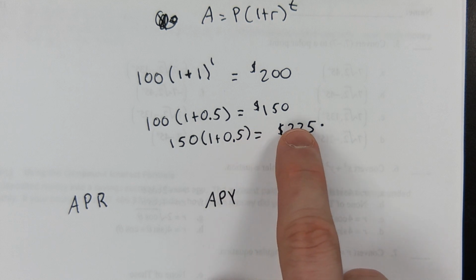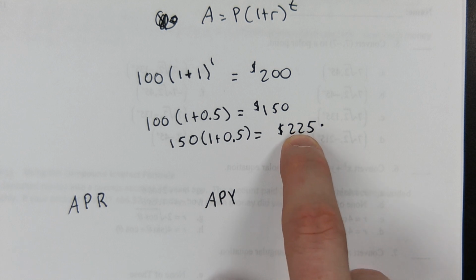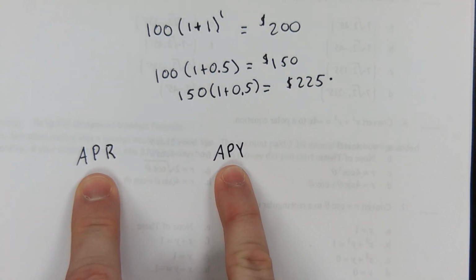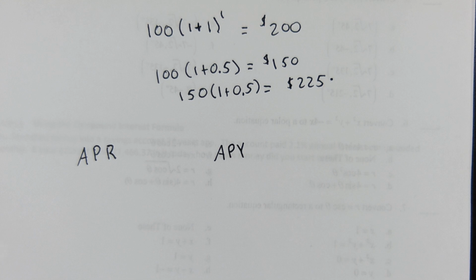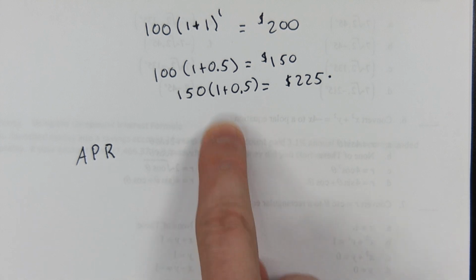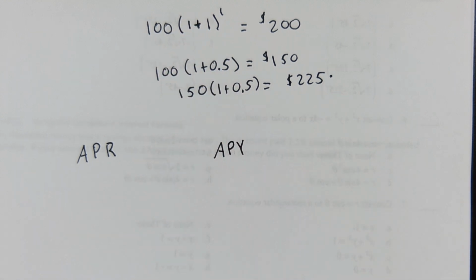But if you do the 225 divided by 100, that's 2.25. That is a 125% yield. So that is the difference between the rate and the yield. Cool beans? Okay. Again, this is not in our curriculum, but I will show it happening in the notes just so you can get a feeling for what it means. Because this idea and this idea I am going to extend further in the next lesson.